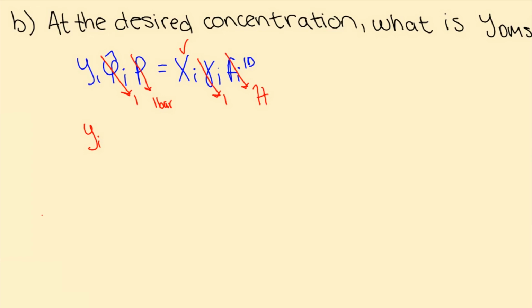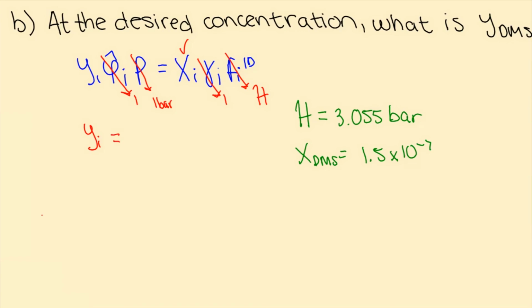And we said we're going to use our Henry's law reference state, so we're going to find a Henry's constant. Doing some research, we found that the Henry's constant for DMS in this case is 3.055 bar, and we know that our x of DMS is equal to 1.5 times 10 to the negative 7 at our desired concentration. So yi will be equal to xi times the Henry's constant divided by our pressure of 1 bar.